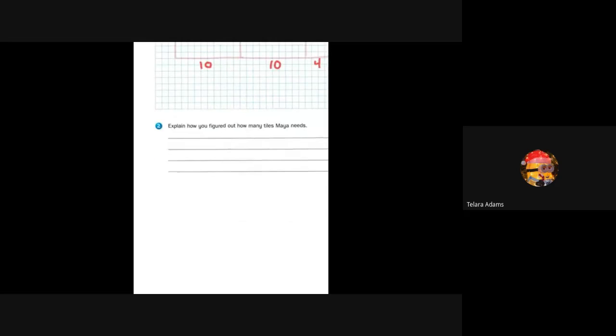So I multiplied each of the 10s by 8 to get 80, and then I multiplied the 4 by 8 to get 32, and I added those 3 partial products together to get my total amount. Okay, and that's what I did here. Explained how I figured out how many tiles Maya needed.